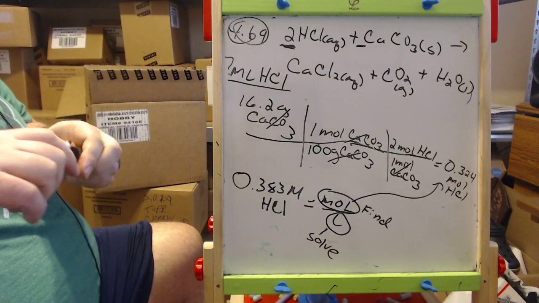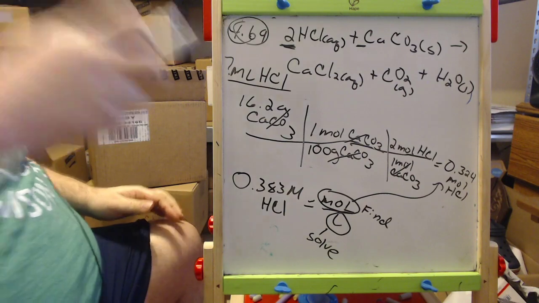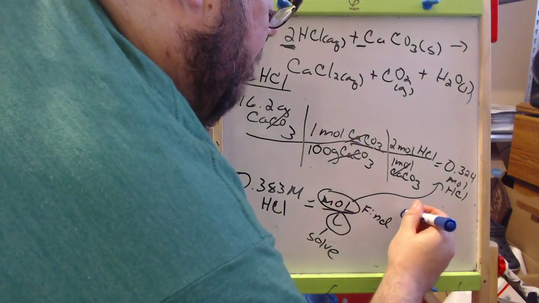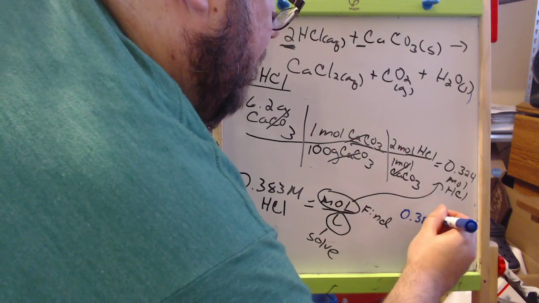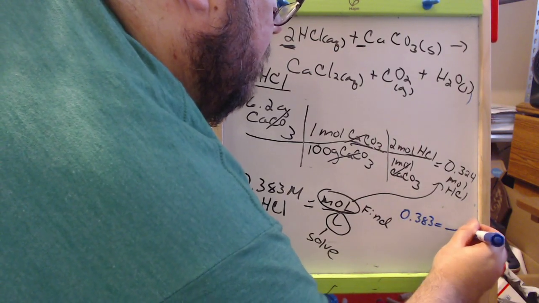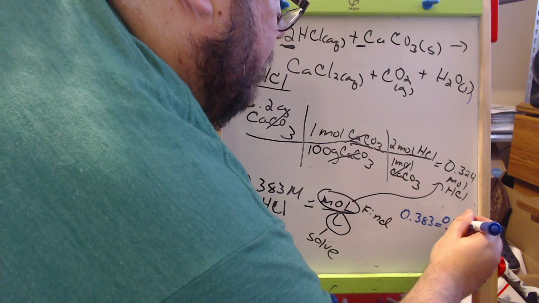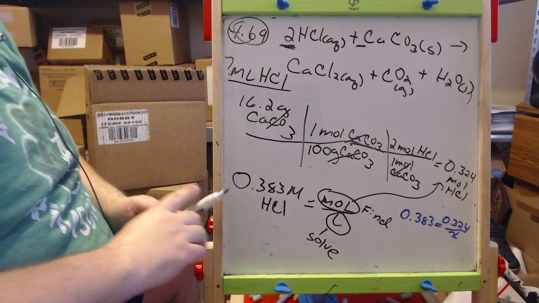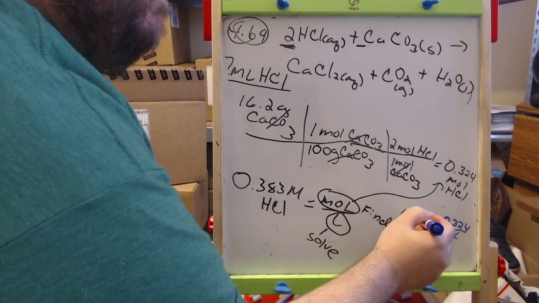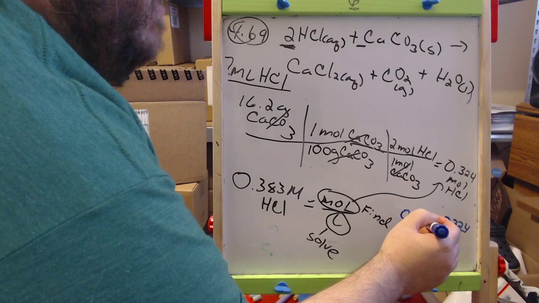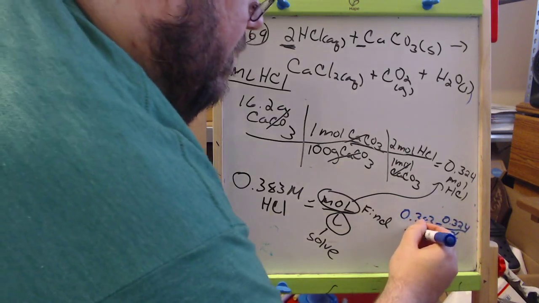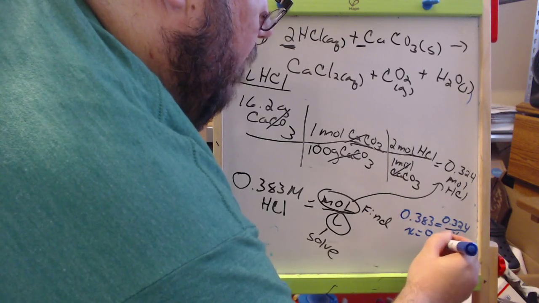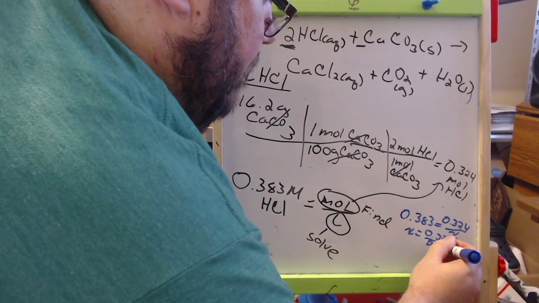To solve for my problem, I plug it in down here. So I'm going to have 0.383 equals 0.324 over x. So I'm going to essentially take this divided by this, guys. This divided by this to solve for x. X is equal to 0.324 over 0.383.